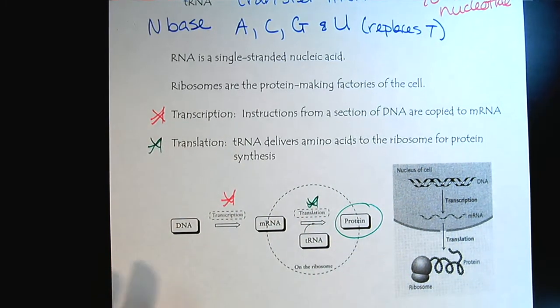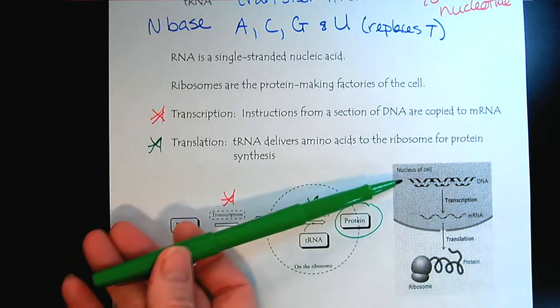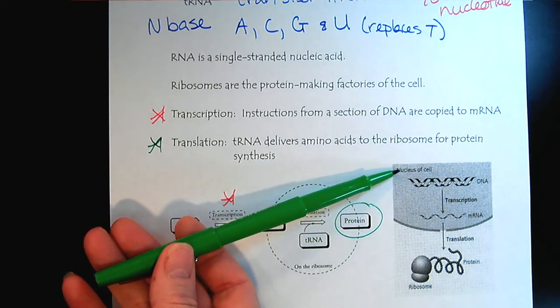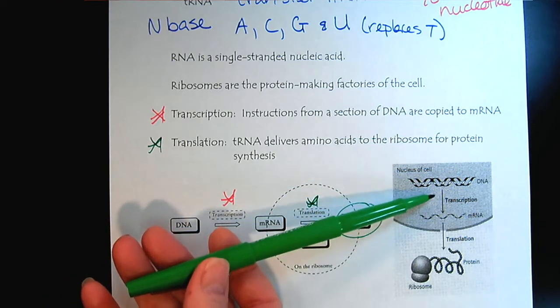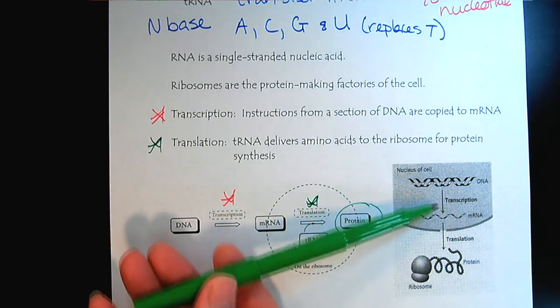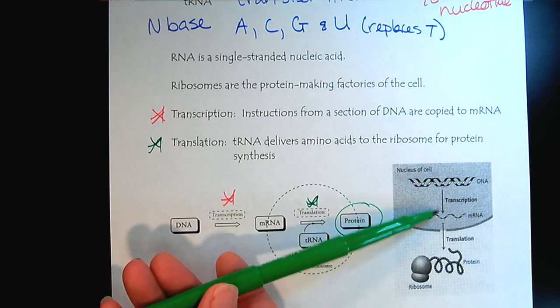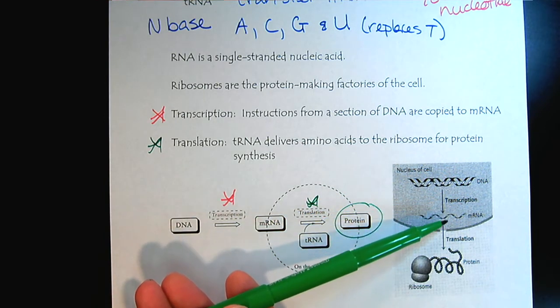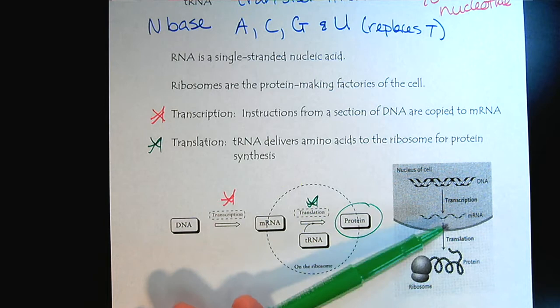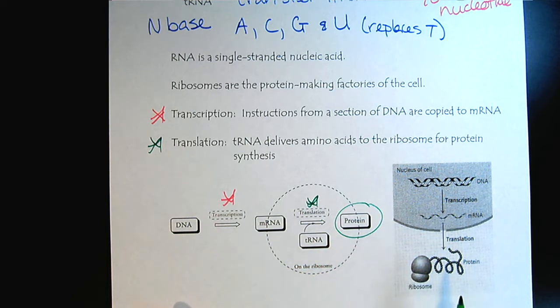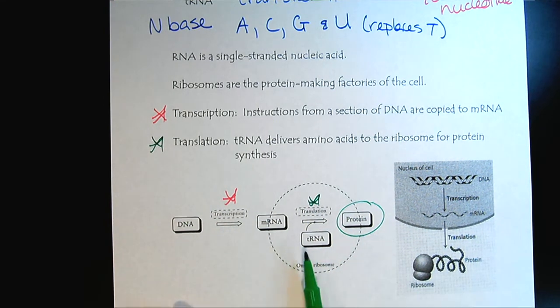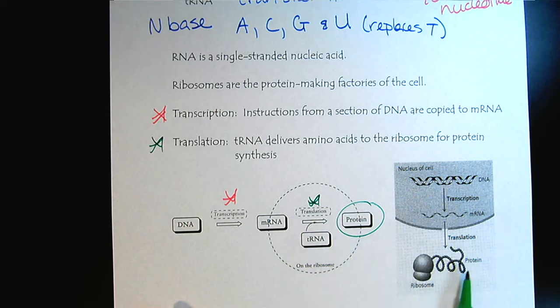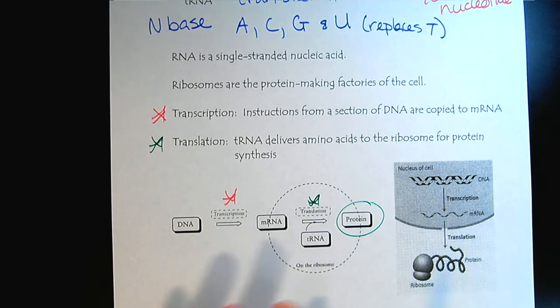All right, so if we take this understanding to the cell, the DNA is in the nucleus of the cell, and then in transcription, the DNA shares the information with the messenger RNA. The DNA is trapped inside the cell, but the messenger RNA can come out, and then it can give the directions to the transfer RNA and the ribosome, and then we get the protein synthesized.